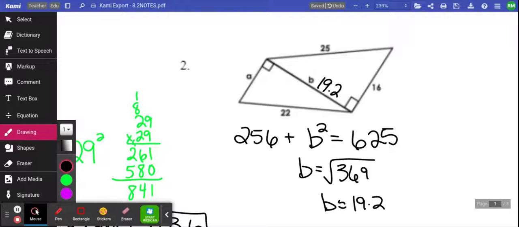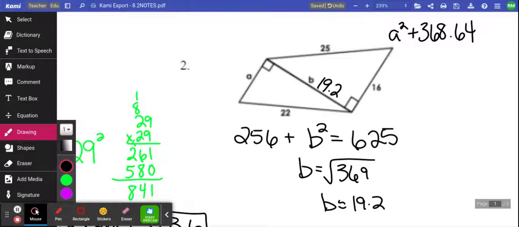Okay, so now we have to use that to figure out A. So this is going to be A squared plus 368.64, because we approximated this. I guess we could have used 369.